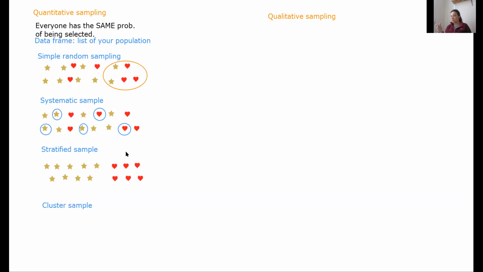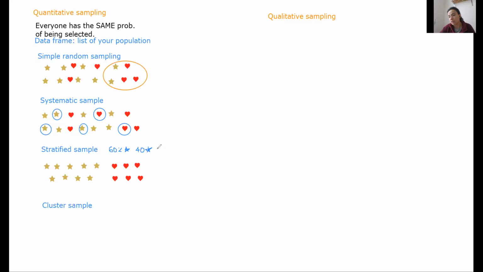And for some reason, I want to make sure that stars and hearts are represented in my sample in a way that is proportional to the representation in the population. So here I have that in my population, I have 60% of the elements that are stars, and 40% of them are hearts.